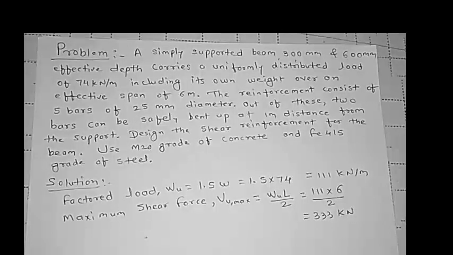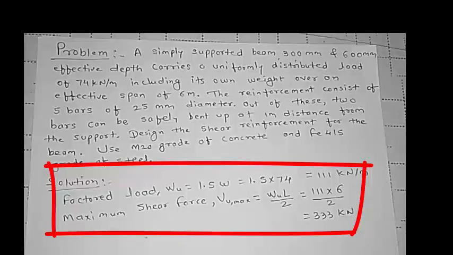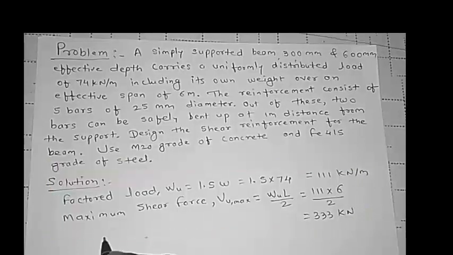Now the critical section for the shear occurs at the distance of effective depth from the support. Let us assume the effective width of the support, so we can calculate ds.